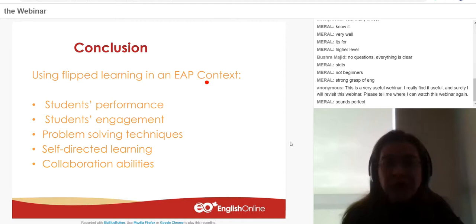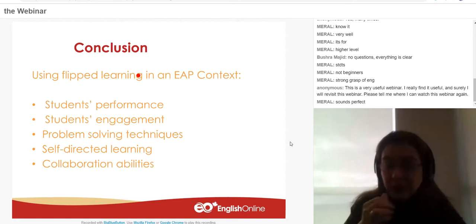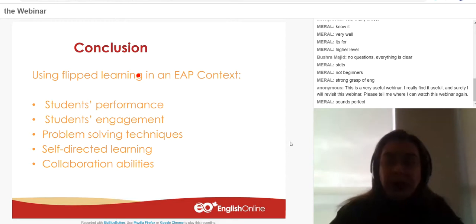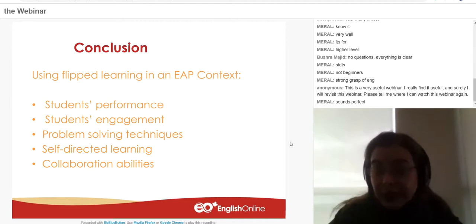So just to recap, using flipped learning in an EAP context does have several benefits. It enhances the students' performance. It helps students to be more engaged, as Miral mentioned at the beginning. It helps promote problem-solving techniques. It enhances their critical thinking skills.